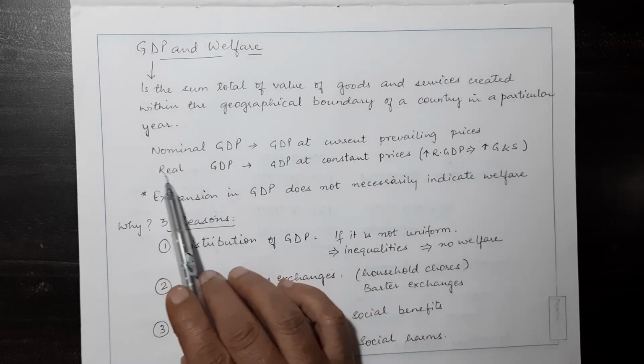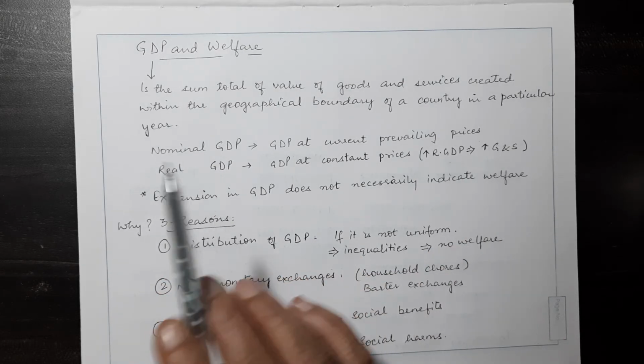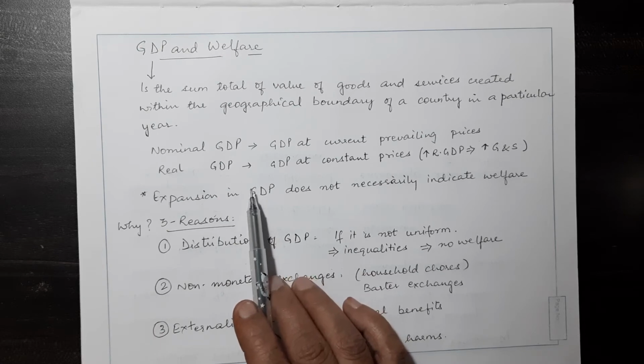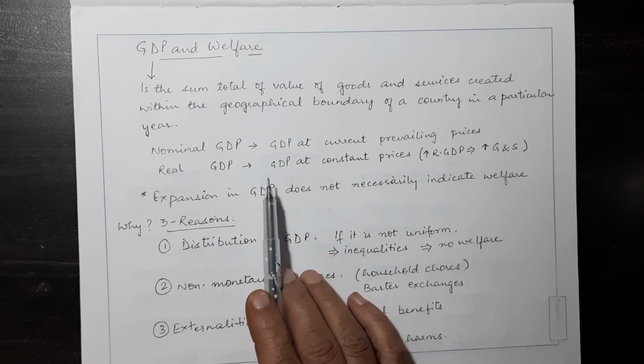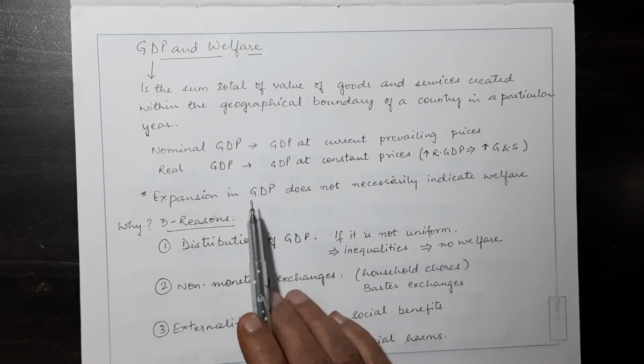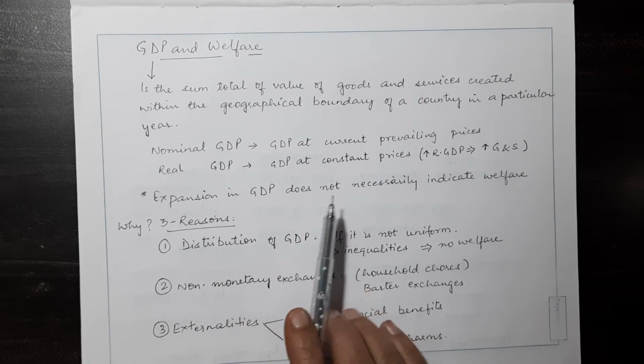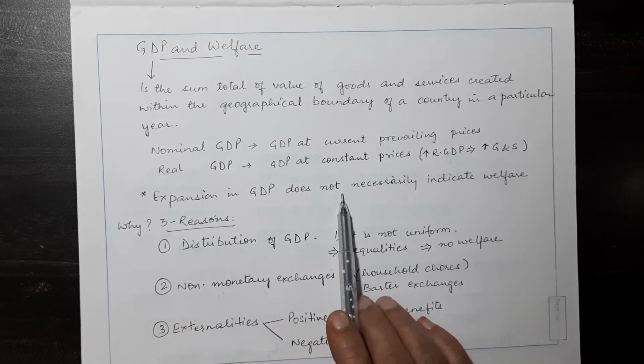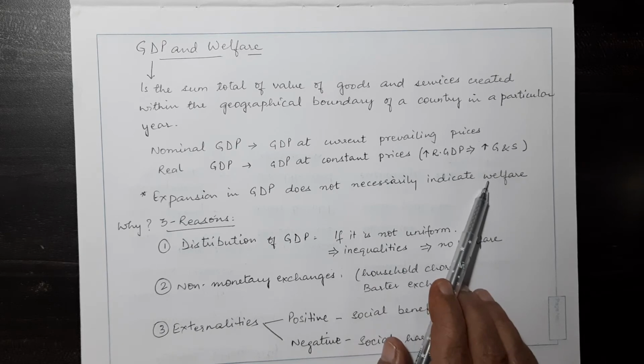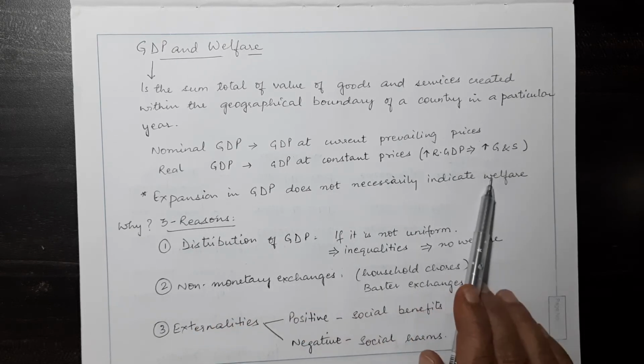So an increase in the real GDP is the real economic growth. Now what's very important, and what type of questions are asked in the examinations, is that an expansion in GDP does not necessarily indicate welfare. Okay. So questions based on this particular statement are generally asked.